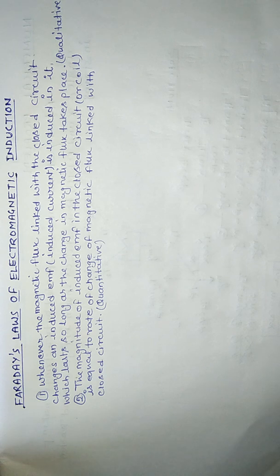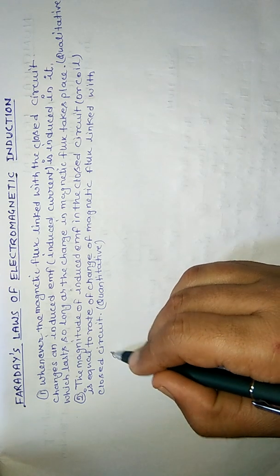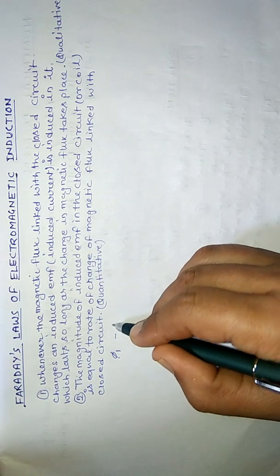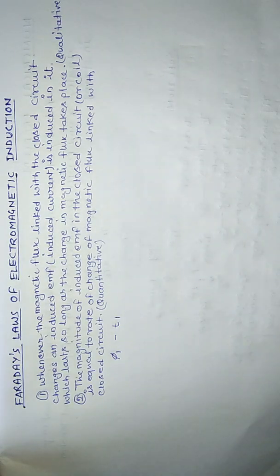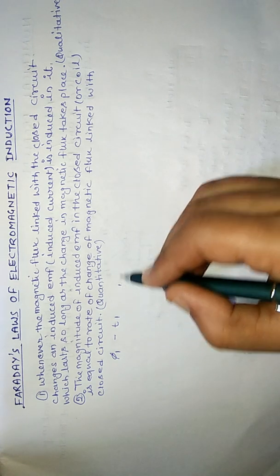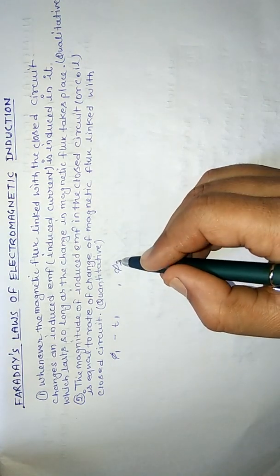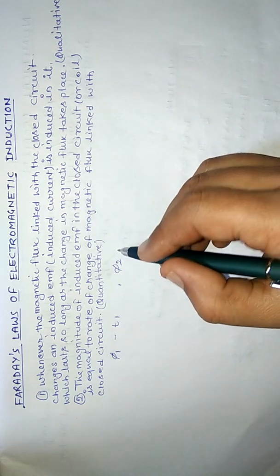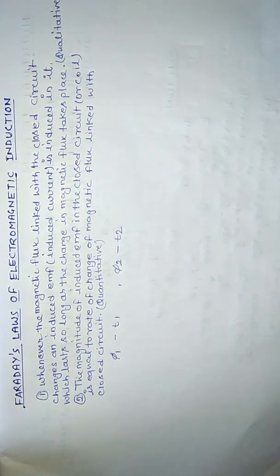We are going to find the expression for induced EMF. For this, let phi1 be the magnetic flux linked with a closed coil at time instant t1, and phi2 be the magnetic flux linked with the coil at an instant t2.